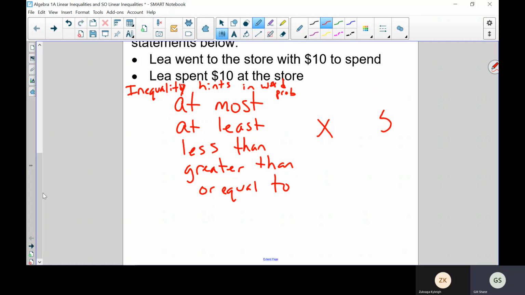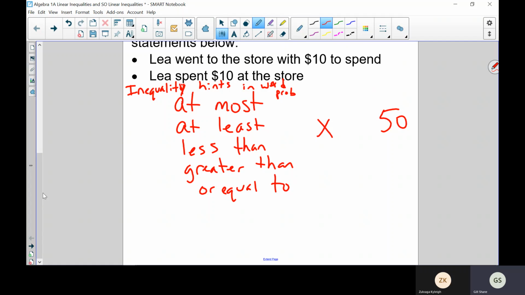So 50 is the amount you want. If this is the amount of money you make, what's the symbol we need? When it's at least, because you want at least $50. Well, X is the variable, but what's the symbol? The amount of money needs to be what? Or you can say it in words if you know the words.